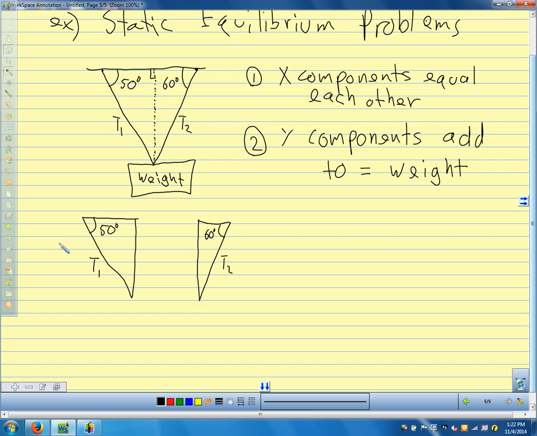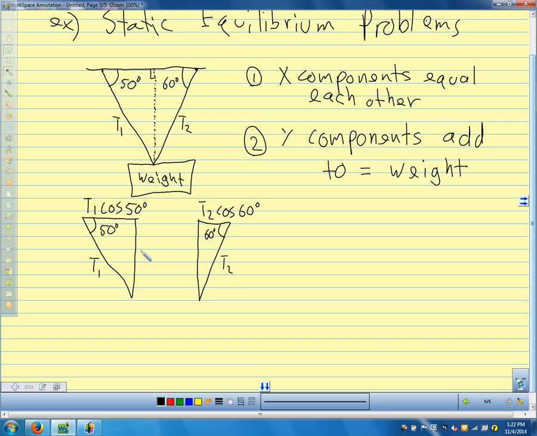So from these triangles, how do we find this side of this triangle? This is the adjacent side, adjacent to the angle, so cosine: T1 cosine 50 degrees. How do we find this side? T2 cosine 60 degrees.